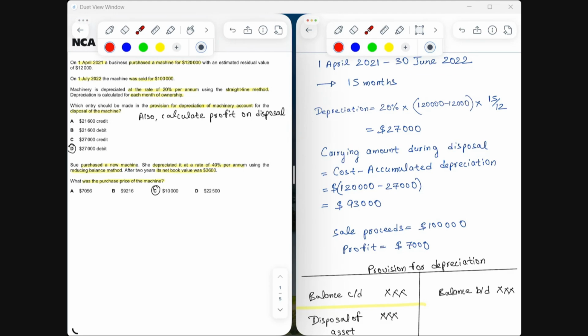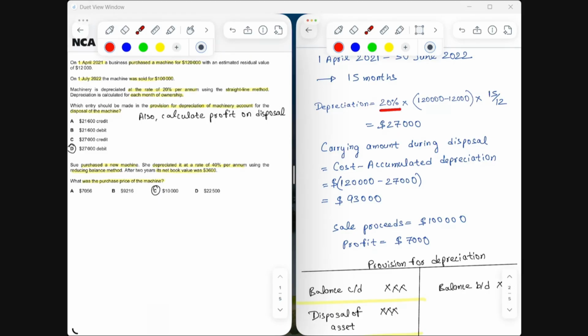Now we can calculate the depreciation using the straight line method. So we start with the given percentage of 20, which is an annualized rate, which means it is valid for 12 months. And then we multiply it with the difference between the purchase price and the residual value. The residual value refers to the selling price that we could likely get once the machine has been utilized in the business.